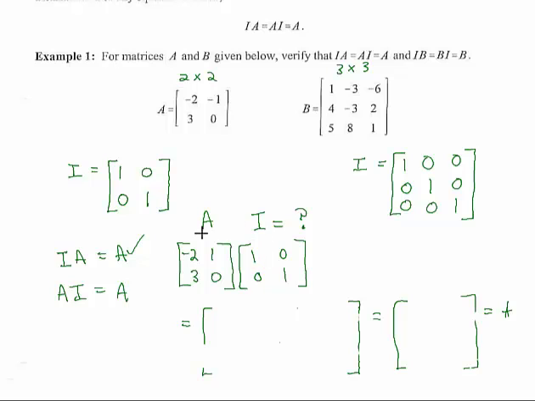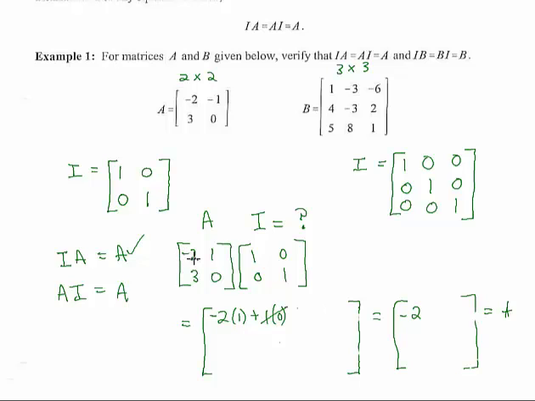Alright, so when you multiply matrices, you take the rows of the first matrix times the columns of the second one. Negative 2 times 1 plus 1 times 0. Well, the 0 knocks out this 1, and we get negative 2, which matches A. Okay, what about the second element of row 1?